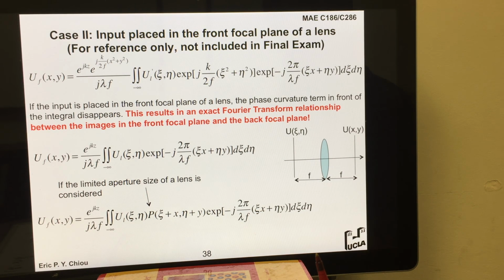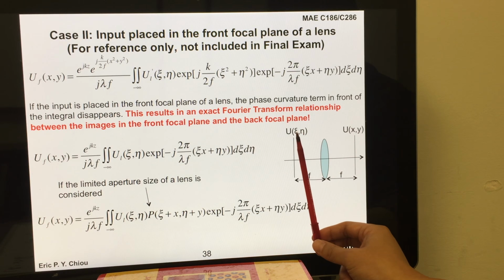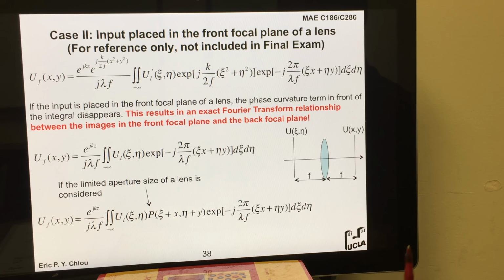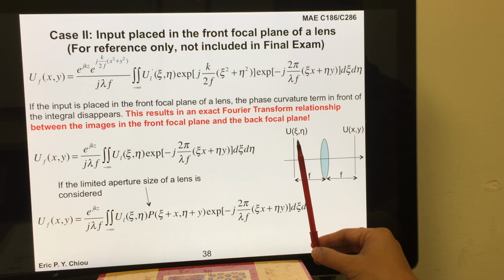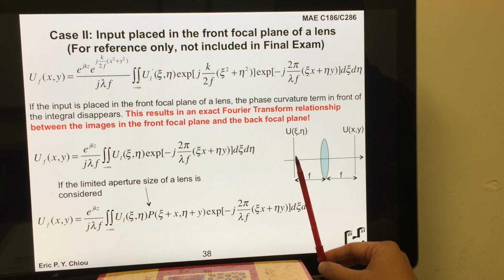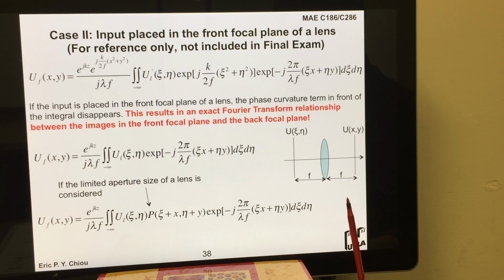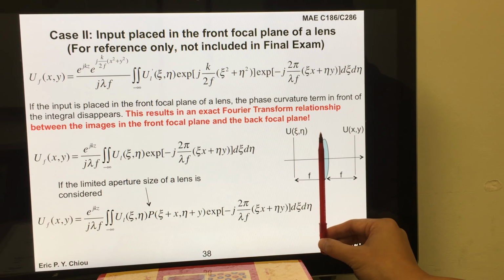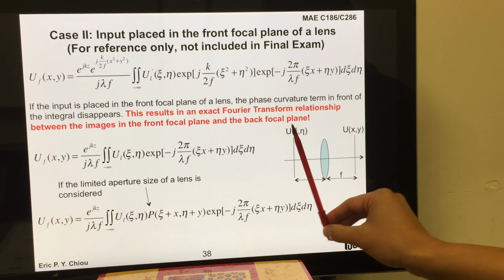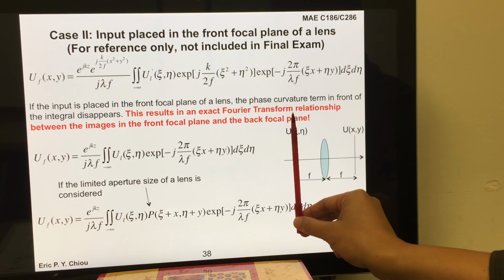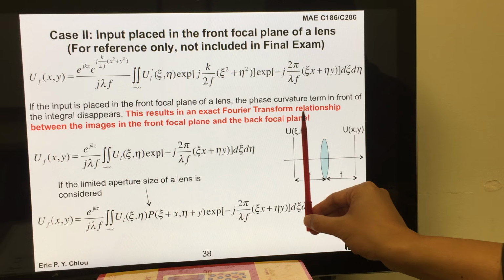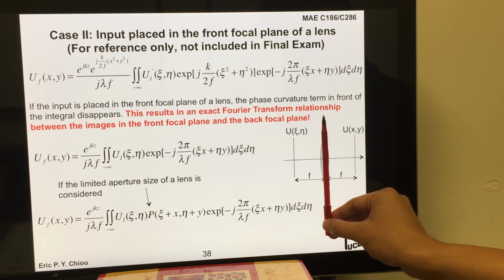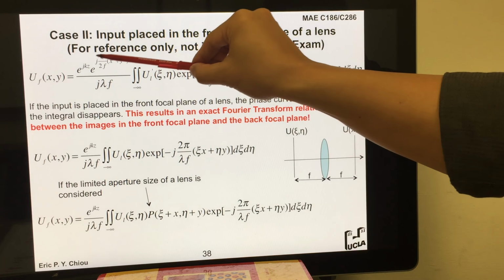In that case, what I'm going to show you is that if you put the object image in the front focal plane, then because of free space propagation, you can decompose it into different plane waves. Different plane waves, when they propagate in free space, introduce a quadratic phase term, and that quadratic phase term allows you to cancel these two.